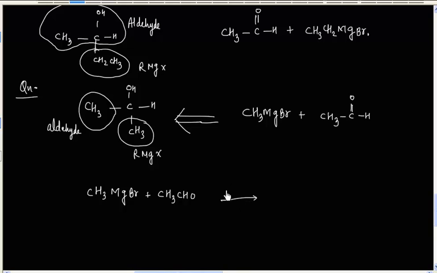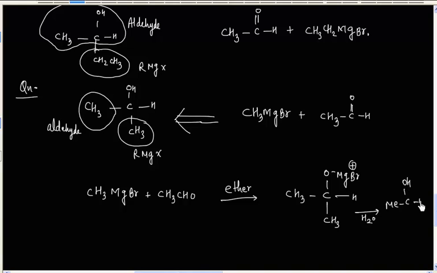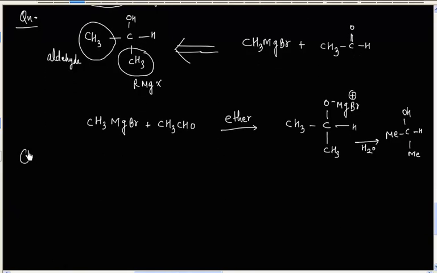So this reaction will be done in ether. So we will get CH3CH(OMgBr)CH3, and then we need acidification, that is we can treat this with water. So finally we will have the desired product, that is MeCH(OH)Me.